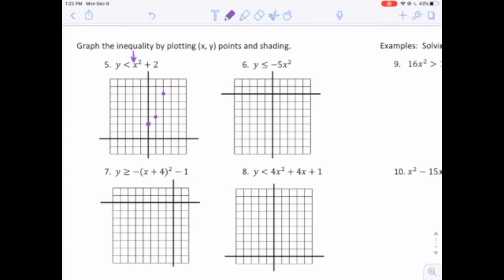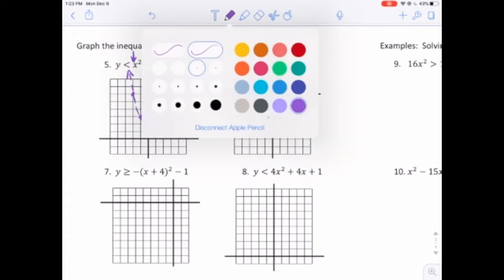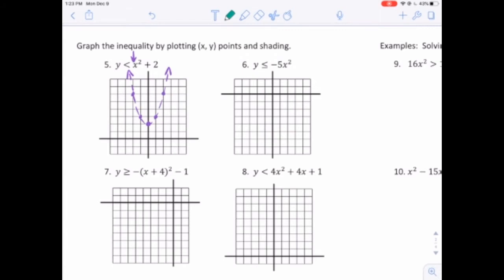Alright, just using symmetry about that vertex, about the axis of symmetry, I can get points on my other side, and I'm ready to graph a dashed line. How do I know it's dashed? Because I don't have the or equal to part on my inequality, so that indicates a dashed line. Now I need to decide up or down.